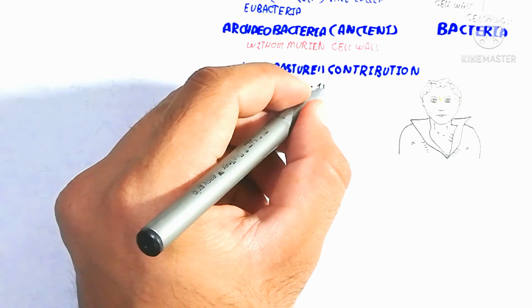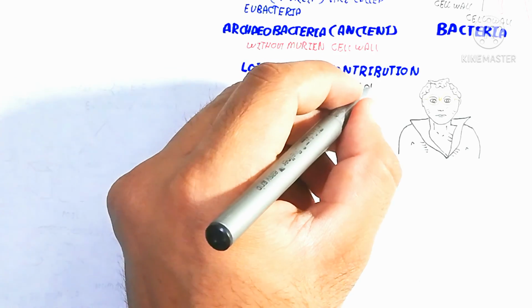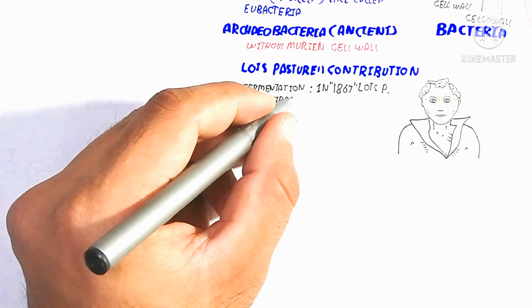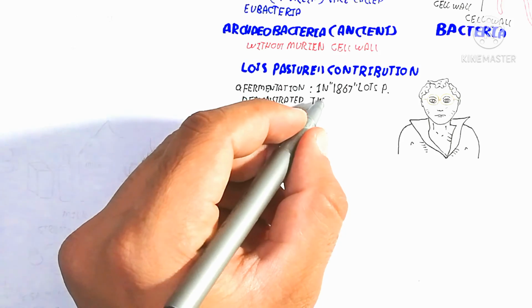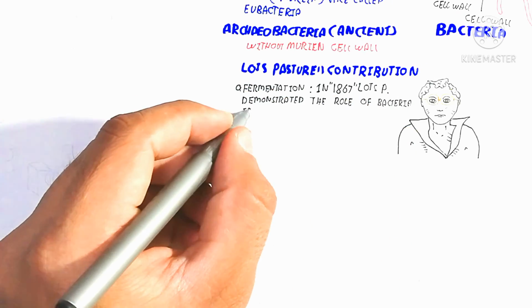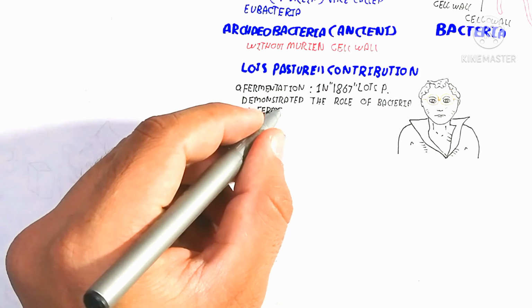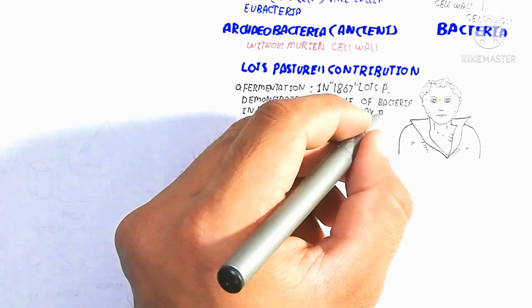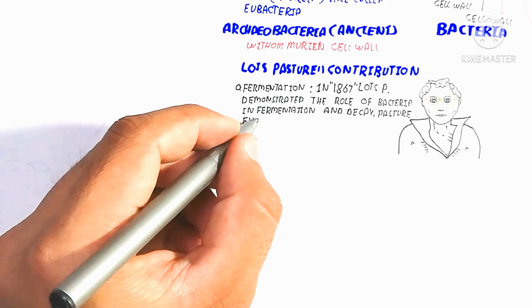Fermentation is a process described by Louis Pasteur. In 1867, Louis Pasteur demonstrated the role of bacteria in fermentation and decay, the decay of organic material.